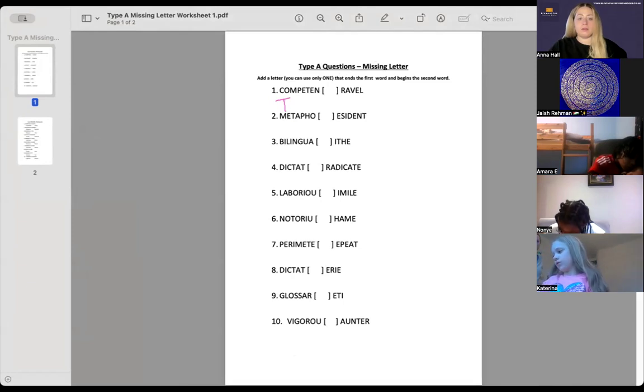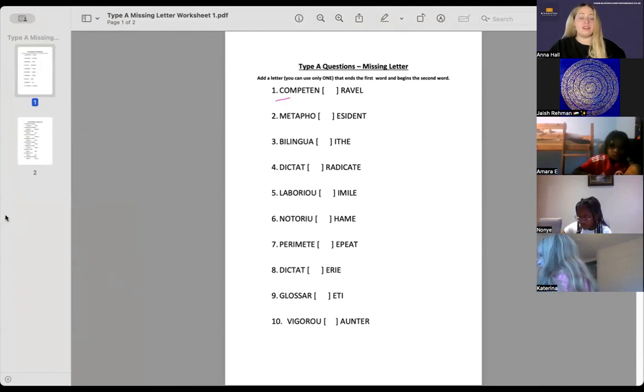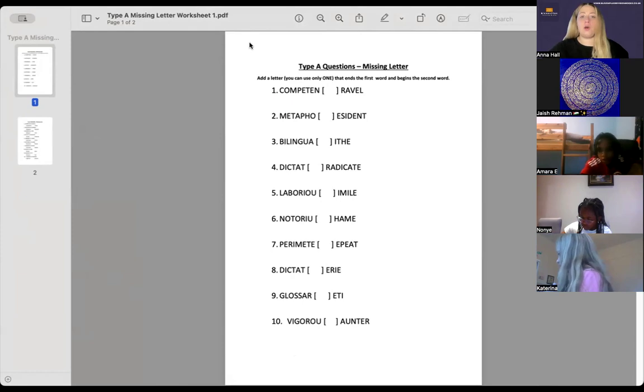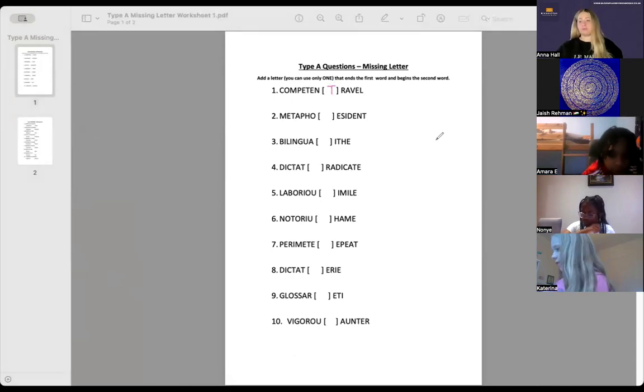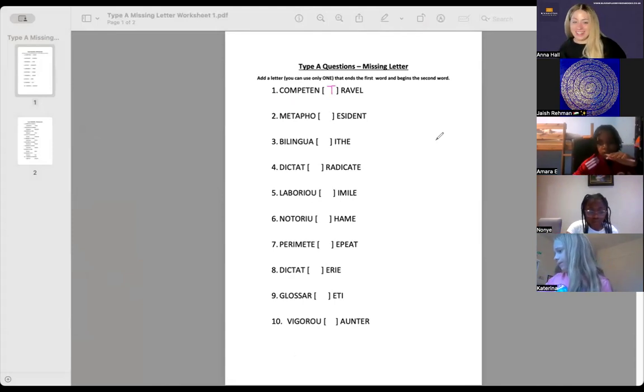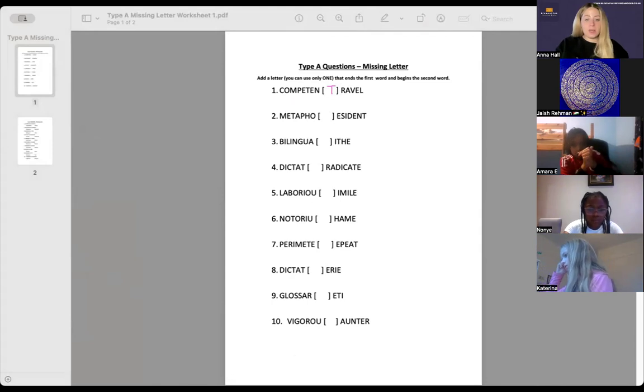There's 10 questions. We just need one letter in each of the gaps, so it makes two different words. Have a go now. You can let me know in the chat when you're done, or you can ask me any questions.